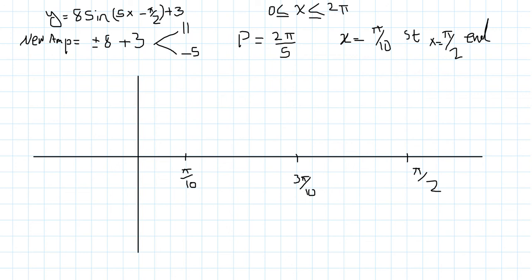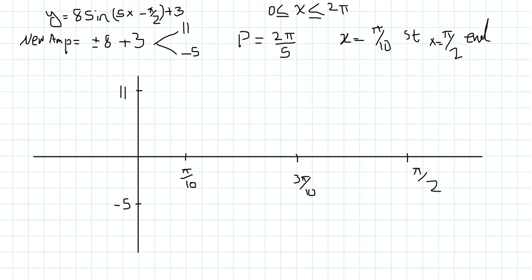And I know the x-axis has intersection with the graph at pi over 10, 3 pi over 10, and pi over 2. But my amplitude now is 11, and here is minus 5, because of this.